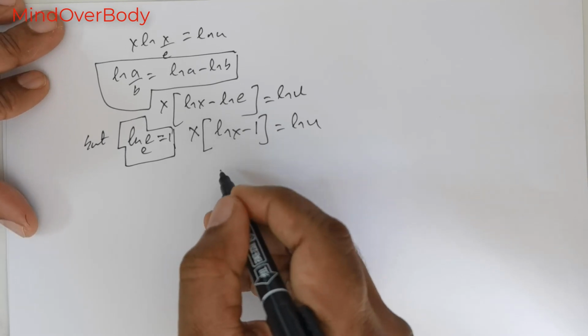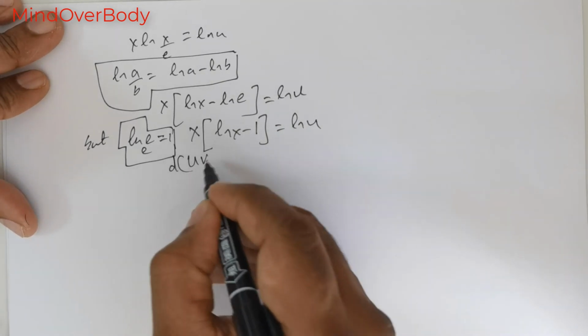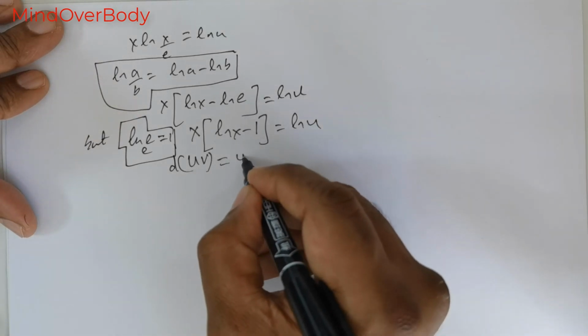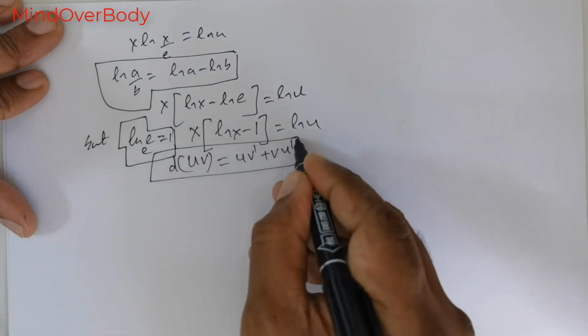Now I'm going to utilize uv differentiation. Differentiating uv is nothing but utilizing the product formula, which is u times v dash plus v times u dash.